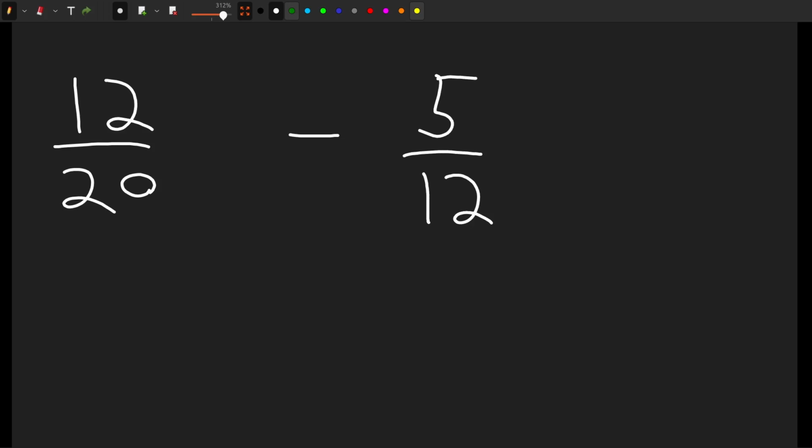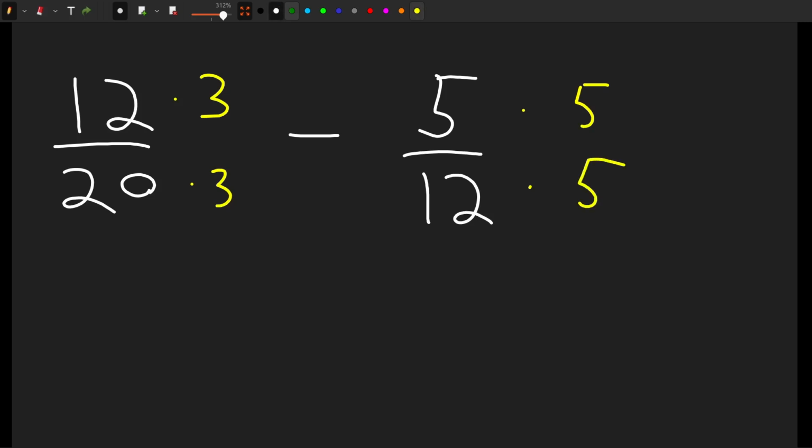So we're going to have 12 over 20 minus, can I give myself a little bit of room, 5 over 12. For 20, we have to multiply top and bottom by 3. And then for 5 over 12, we need to multiply top and bottom by 5.